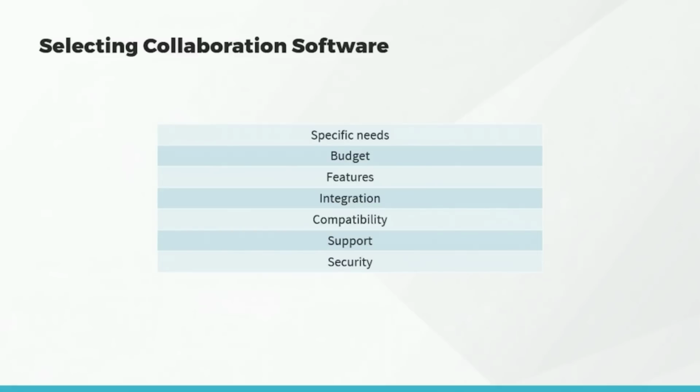Again, like productivity suites, there are several options available, so be sure to consider these and other factors carefully to ensure that your choice of collaboration software provides the benefits they're designed to offer.